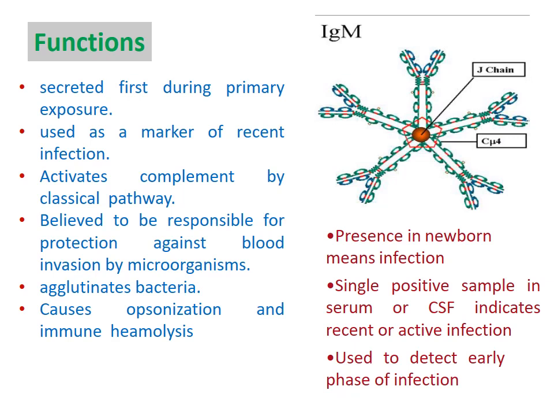As it is the antibody produced against the first exposure, if it is present in a newborn, it means infection. A newborn can produce the antibody from 20 weeks, so if it is present in a newborn, it indicates infection, and recent infection also.